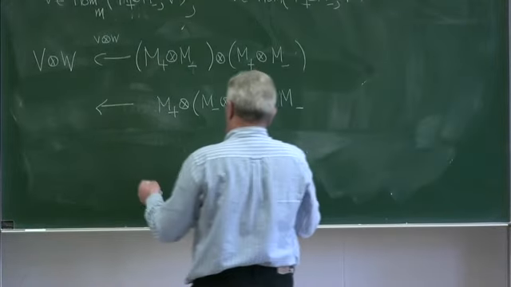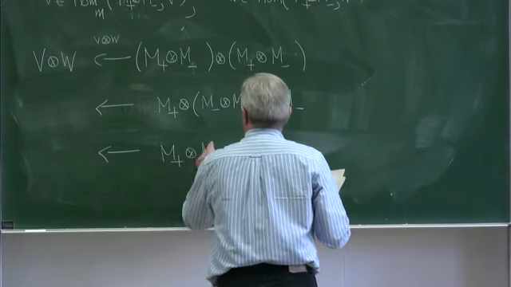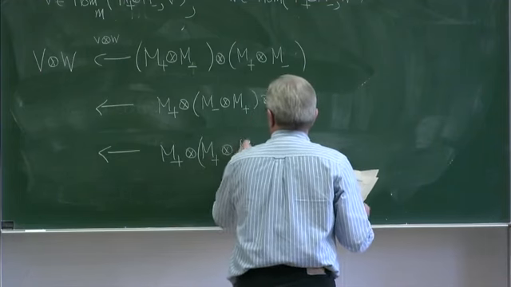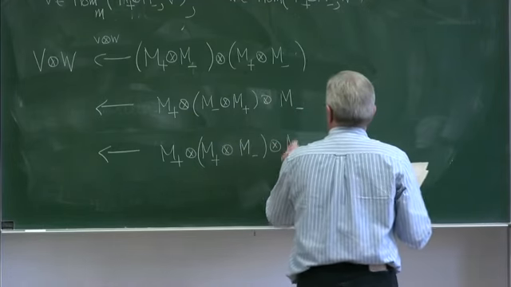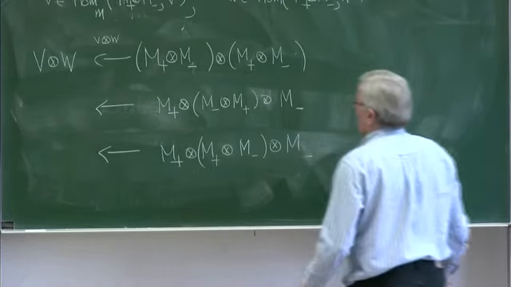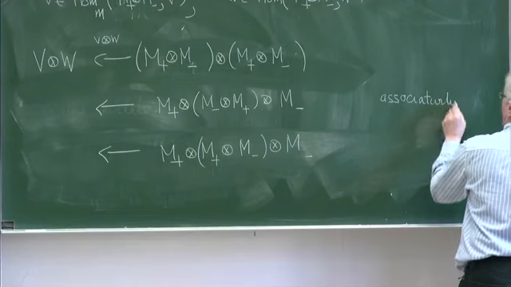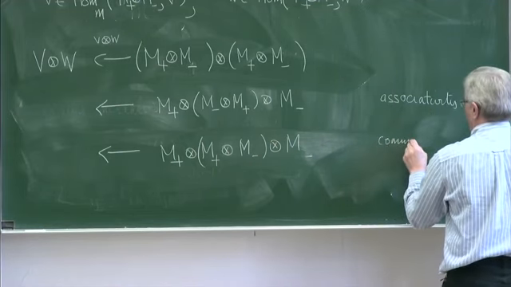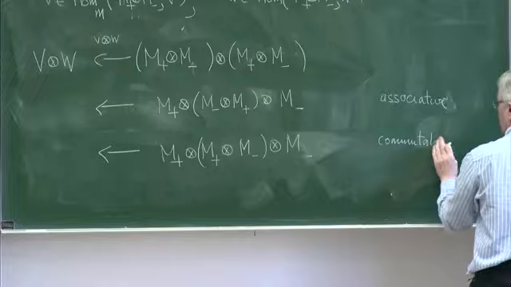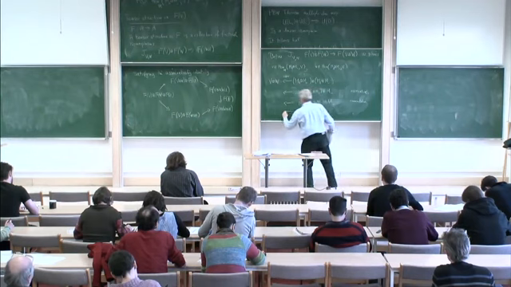Now I've got to put in a commutativity constraint. Now I can turn them round. So that's an associativity, well, associative constraint, commutative constraint. And now I do the inverse. Now I unwrap that one.